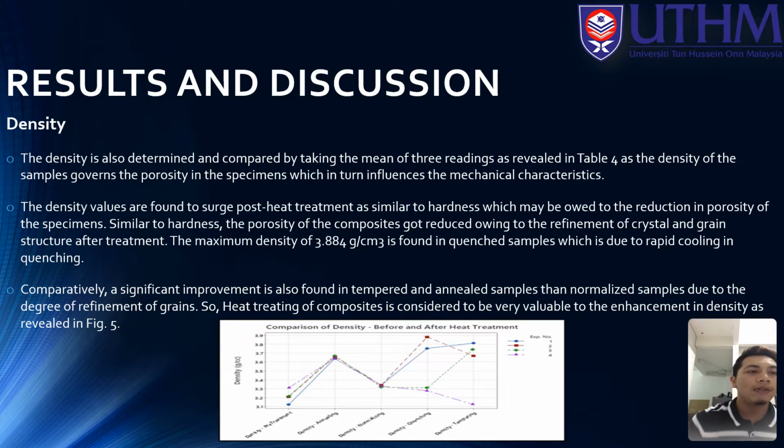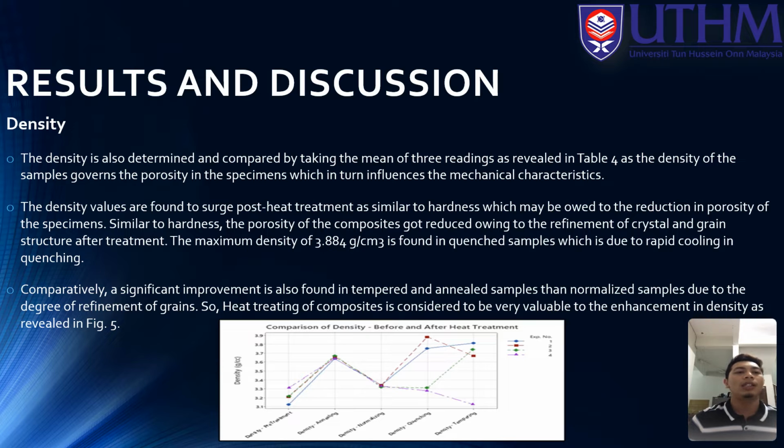The density values are found to surge post-heat treatment, similar to hardness, which may be owed to reduction in porosity of the specimen. Similar to hardness, the porosity of the composite got reduced owing to the refinement of crystal and grain structure after treatment.